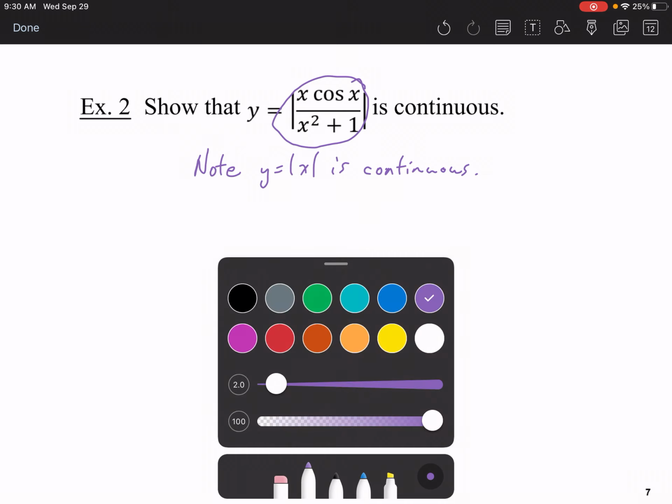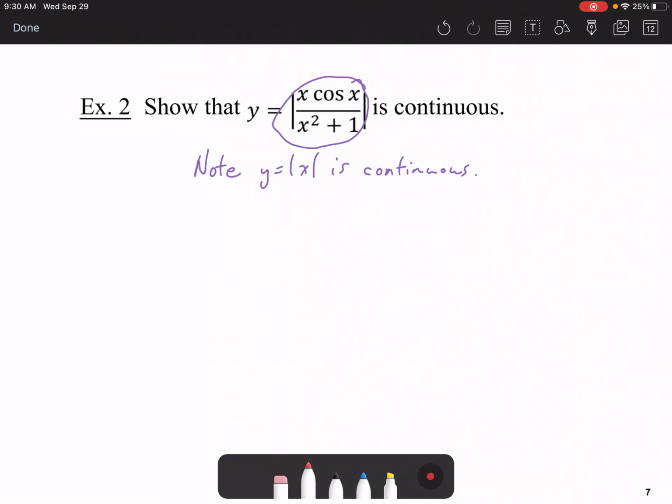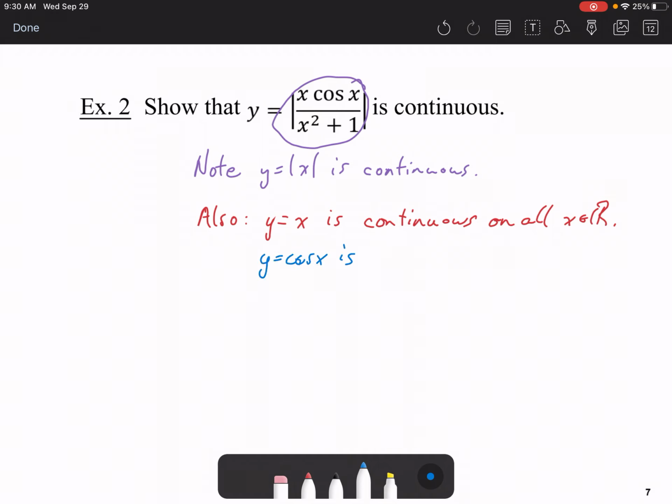So also, y equals x is continuous on all x belonging to real numbers. y equals cosine x is continuous for all x belonging to the real numbers.